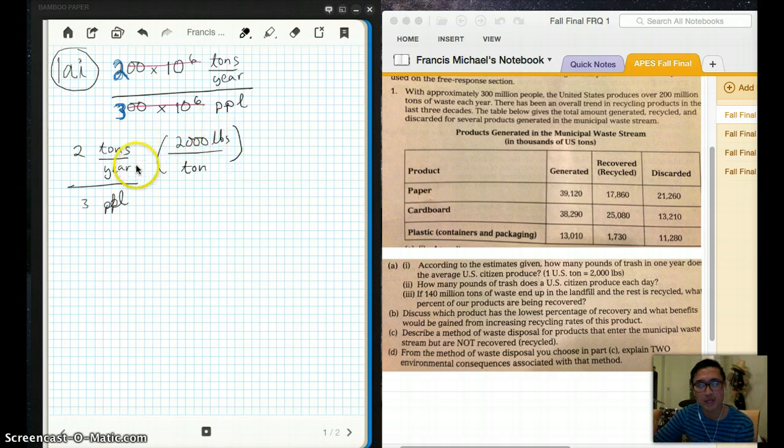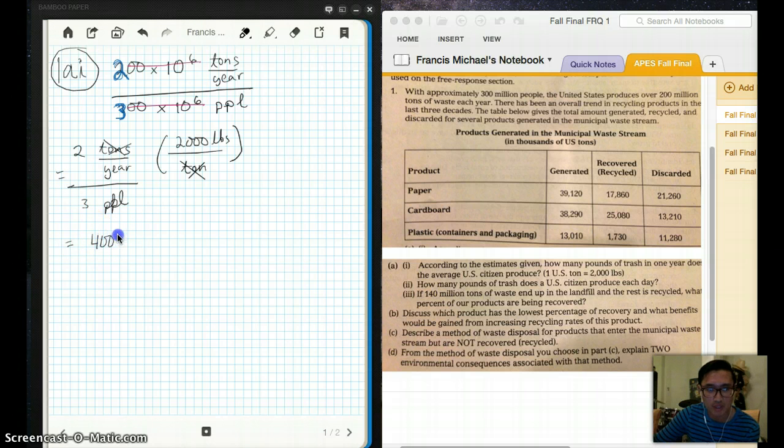Now I'm going to use factor labeling to get rid of these tons, okay? If you notice, the ton up here is in the numerator while the ton down here is in the denominator. So if we just do simple factor labeling, we get rid of our tons and we're left with pounds per year per person. So now we have 2 times 2,000 pounds, which is just 4,000 pounds per year for every 3 people. So let's go ahead and rewrite this.